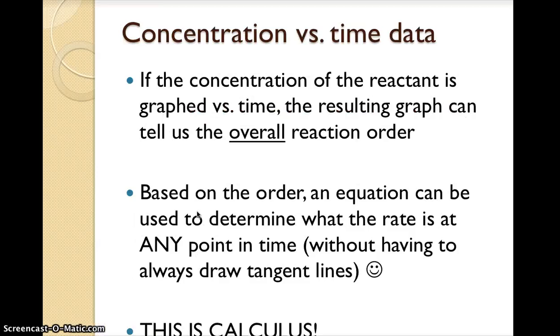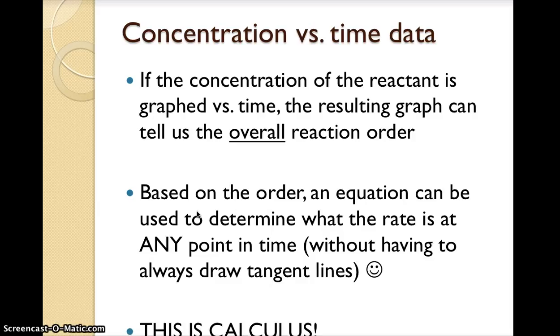So we are going to take a look at what happens when we graph the concentration of our reactants versus time. If we graph these reactions, we're going to notice that they look different depending on what type of overall order the reaction is.